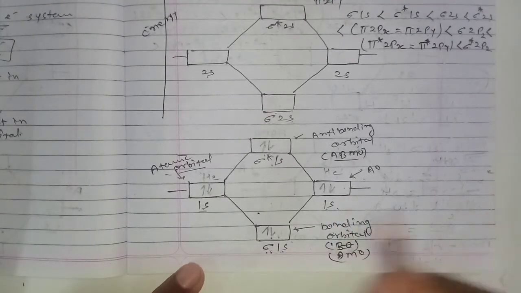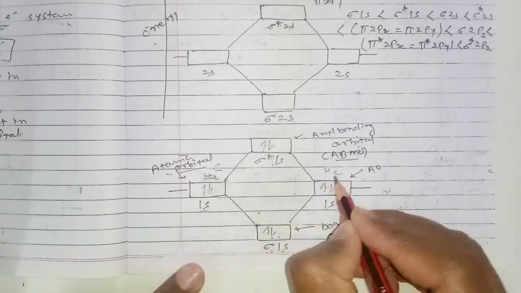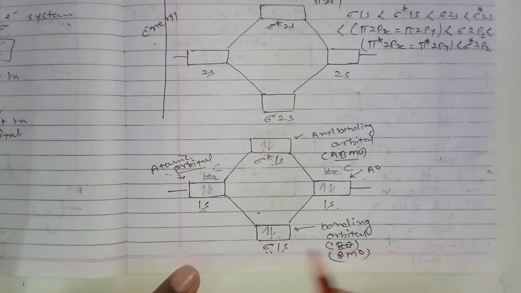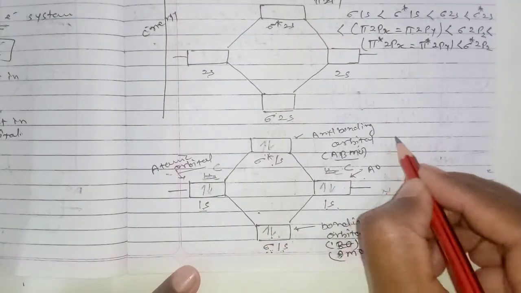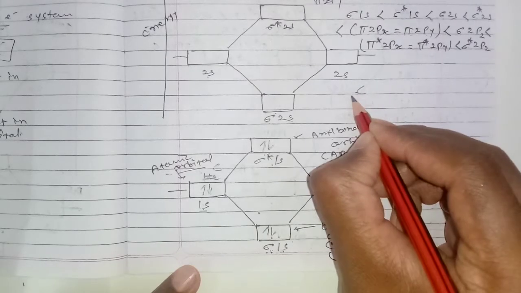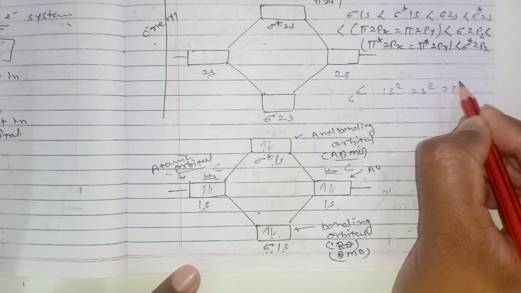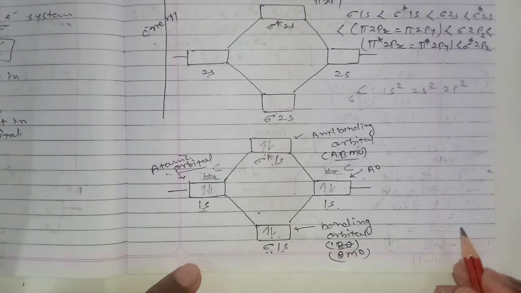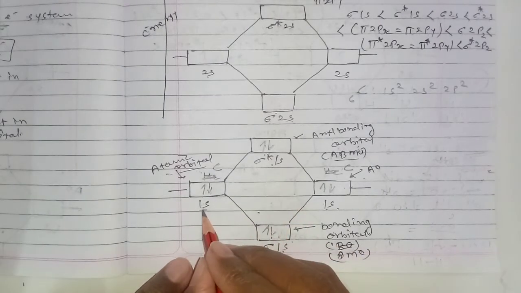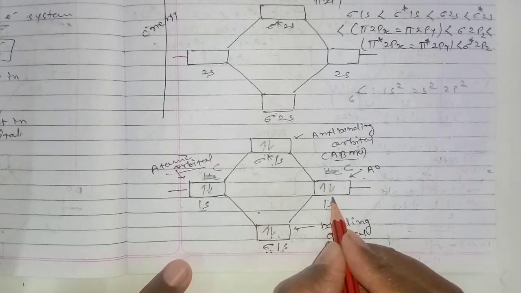Now for the carbon atom, 1s2, 2s2 and 2p2. In the 1s orbital there are 2 electrons.